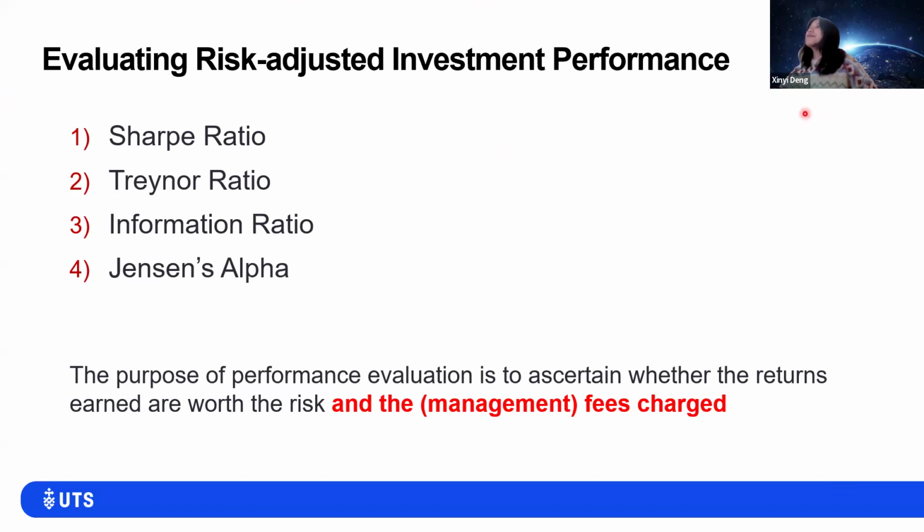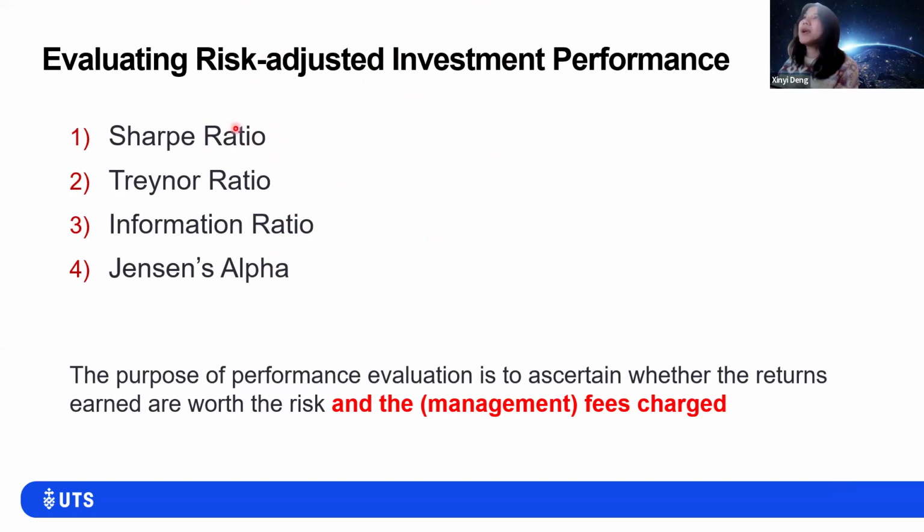Now, because as we just discussed the previous approach can be misleading, let's take a look at more refined measures. Those more refined performance measures are all risk adjusted, so they explicitly adjust for the risk level.